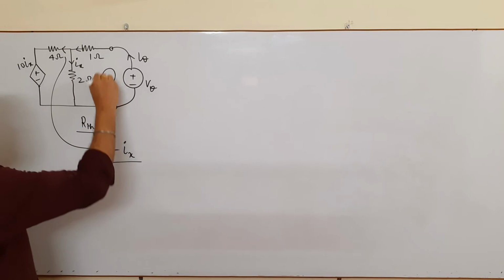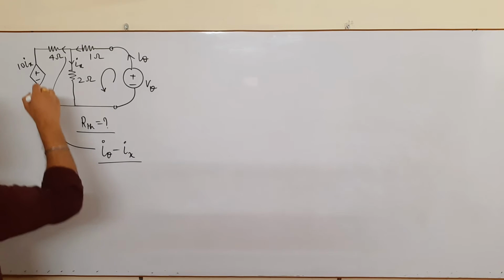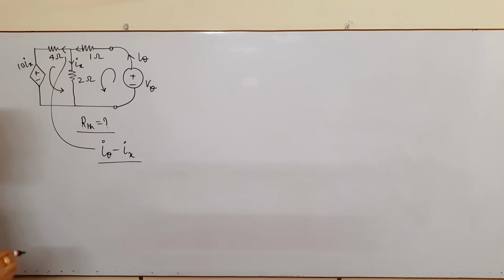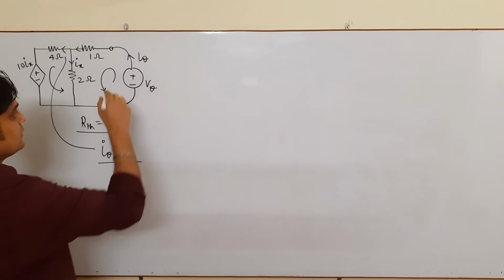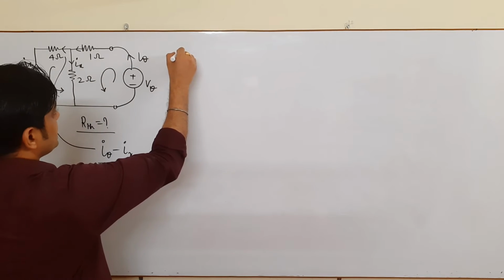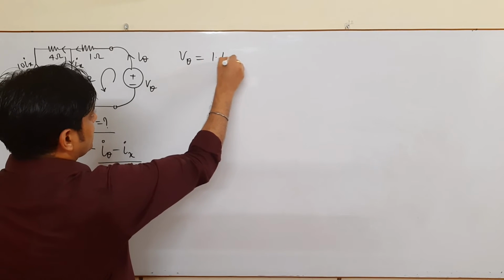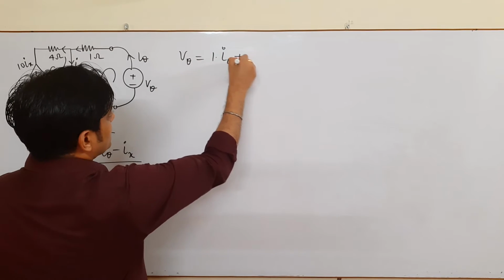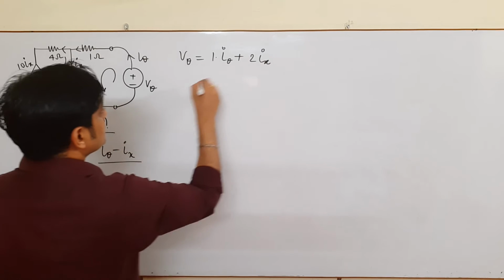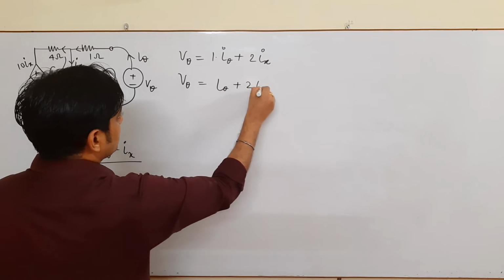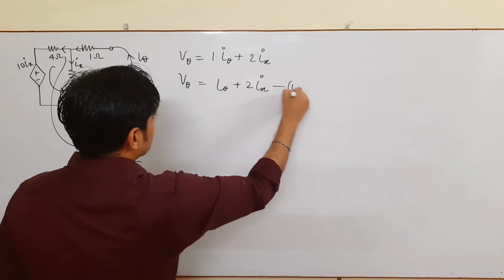Now simply I will apply one loop here and one loop here just to find the value of RTH. So if I apply one loop here, that is minus 2 plus V theta is equal to 1 into I theta, plus 2 of Ix. So you can say V theta is equal to I theta plus 2 Ix. This is your equation first.